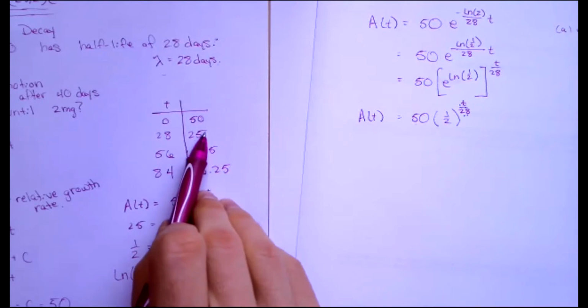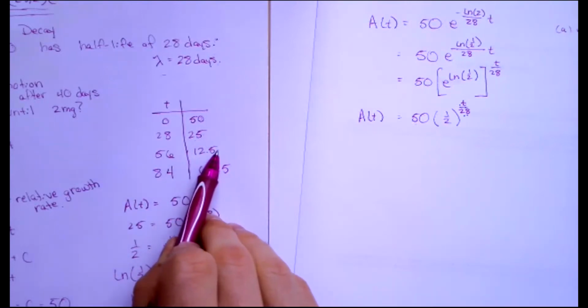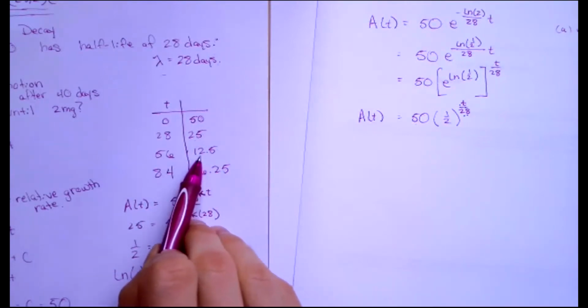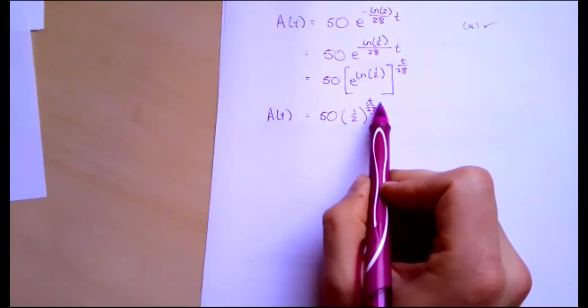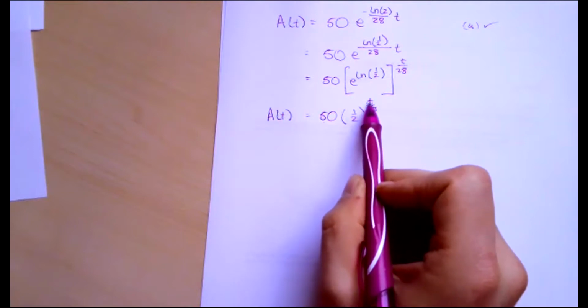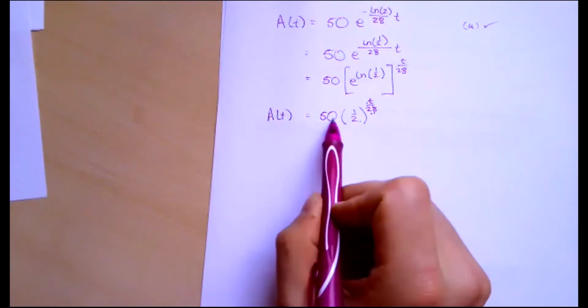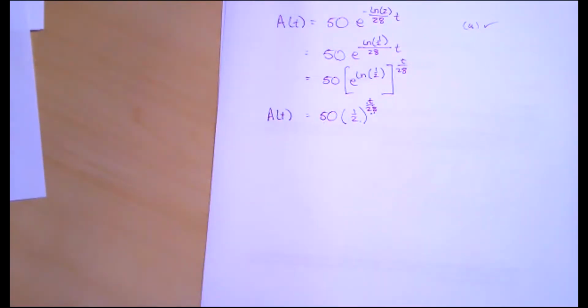Well, we cut it in half, then we cut it in half again. We have a quarter of it remaining. So, right, if t is 2 times 28, we will have 1/2 squared, which is 1/4, and we will have a fourth of that 50 milligrams remaining.